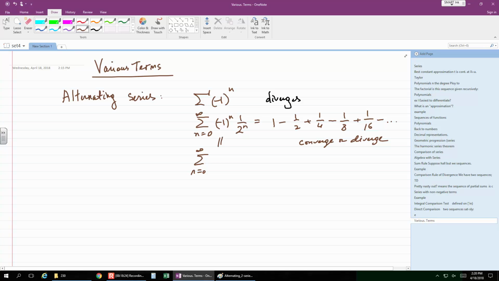The same power of n can be distributed over the two terms, so it will be simply -1/2 to the nth power. So what kind of series is this? -1/2 taken to the nth power.